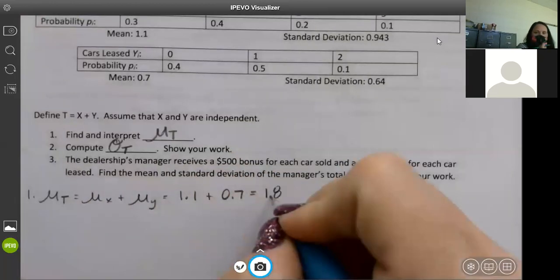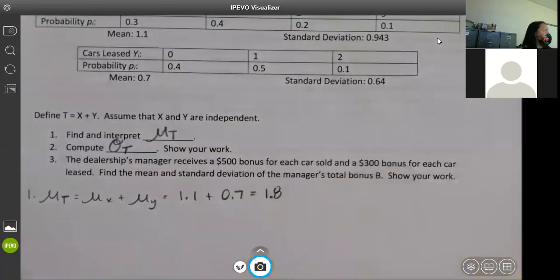That's only half credit. So if you get this on your test, that would only be half credit. Why? I need to interpret it.